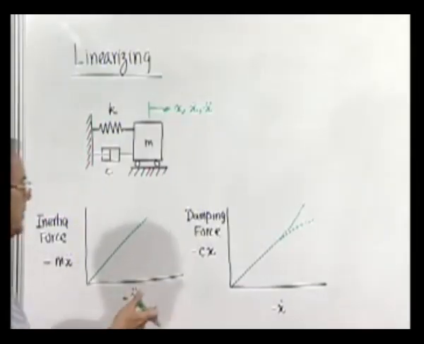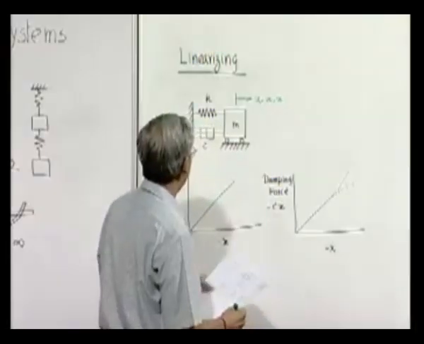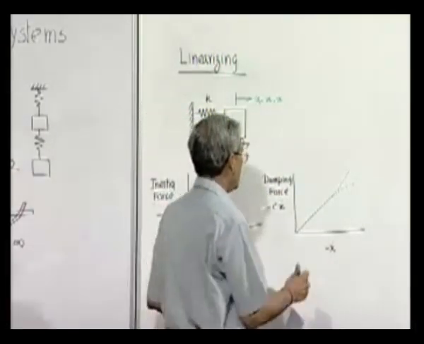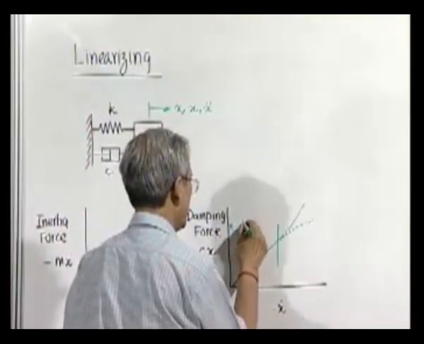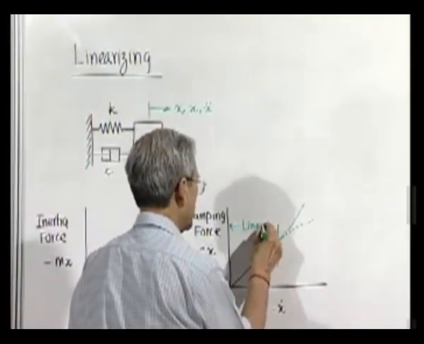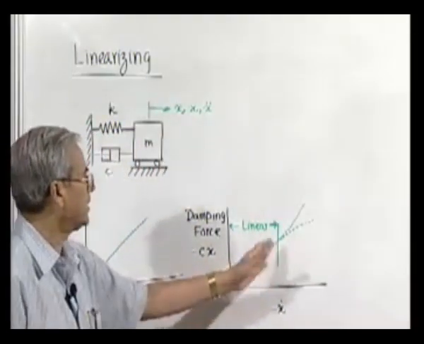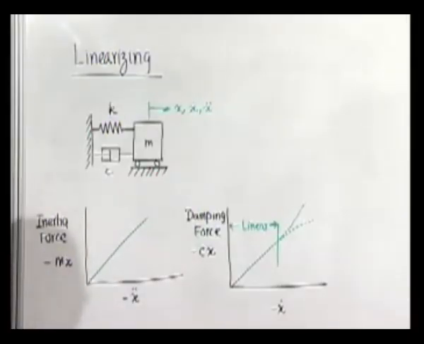When the velocity becomes very high, the flow may not remain laminar and it may not maintain that linear dependence. So here you will find that we have a range in which it can be considered as linear. But if you go beyond that, then the parameter which represents the energy dissipation by viscous damping cannot be treated as linear.